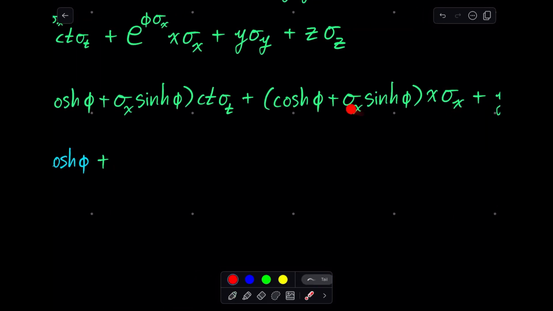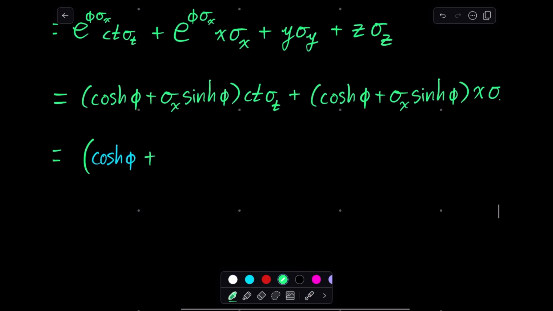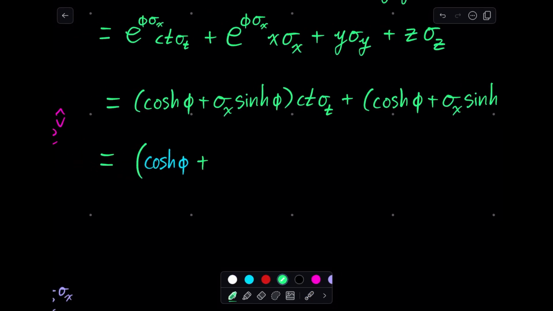We've got sigma x times sigma x. By definition, it squares to 1 because it is a unit vector. So we end up with plus sine of phi x. And forgive me, I forgot to write the ct here. Ct, all of this sigma t.